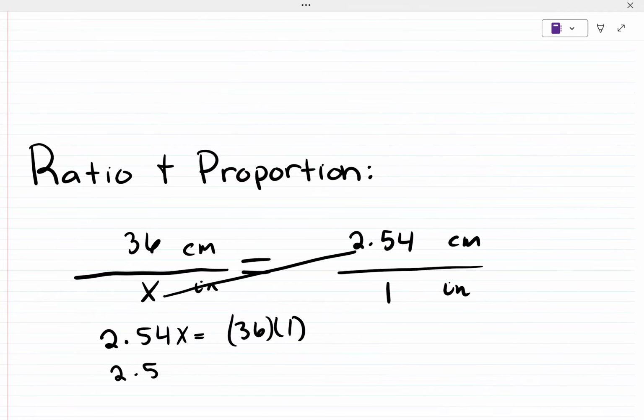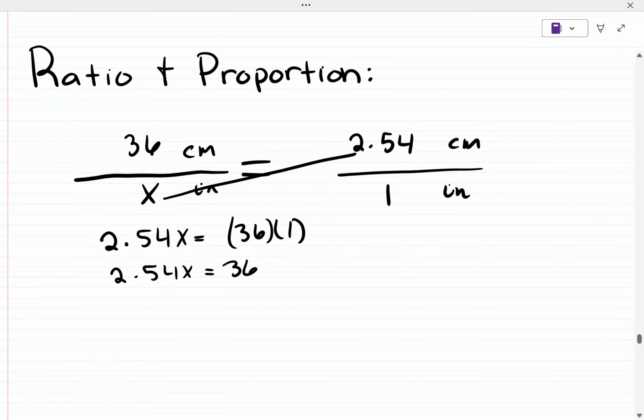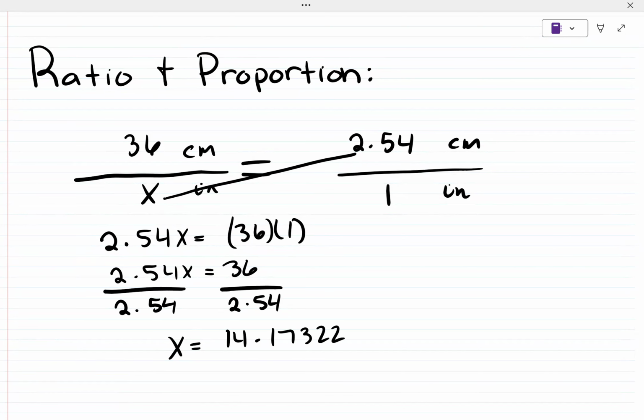So that's 2.54x equals 36. So you solve for x, you divide by 2.54. You get 14.17322. The direction says round to the nearest tenths. So 1 is the tenths place. You look at the neighbor, it is 5 and beyond, right? 7 is 5 and beyond. So you're going to round it to 14.2 inches.